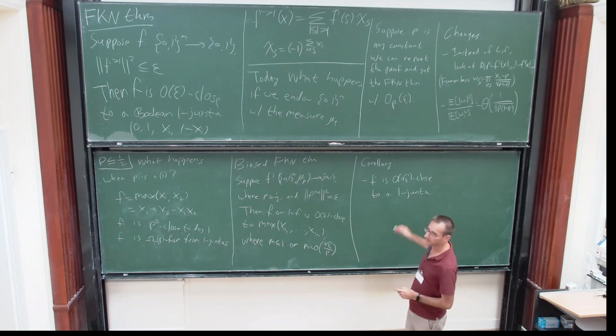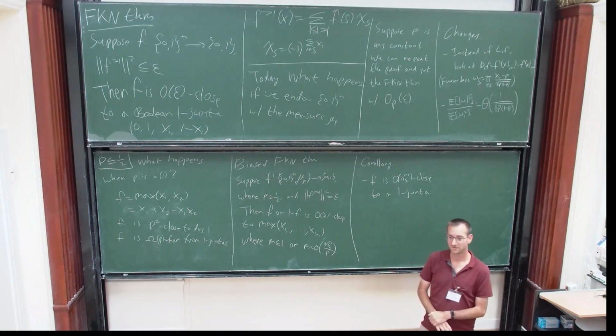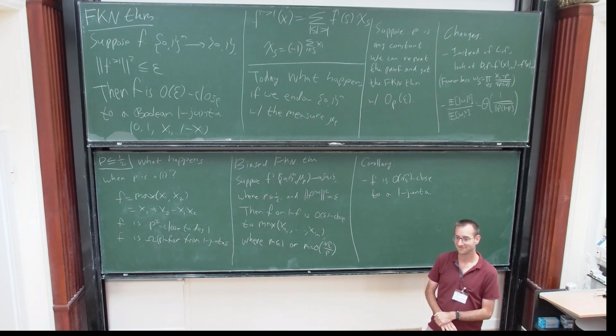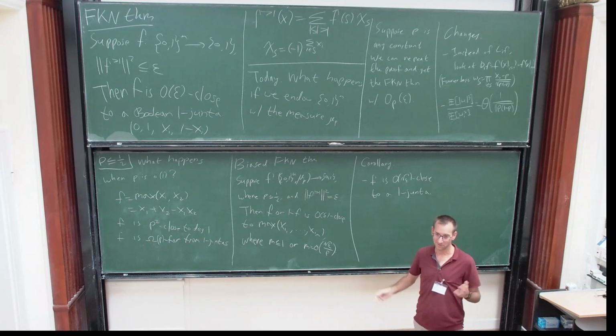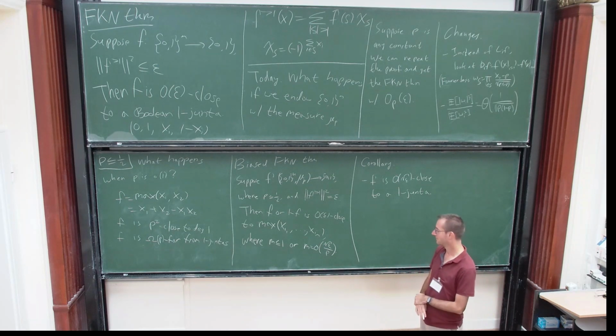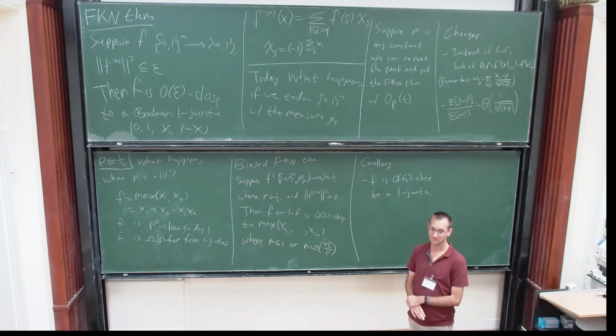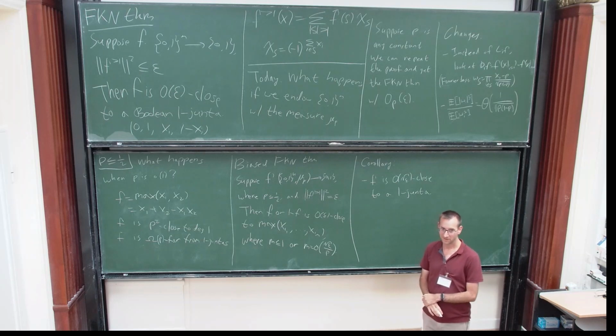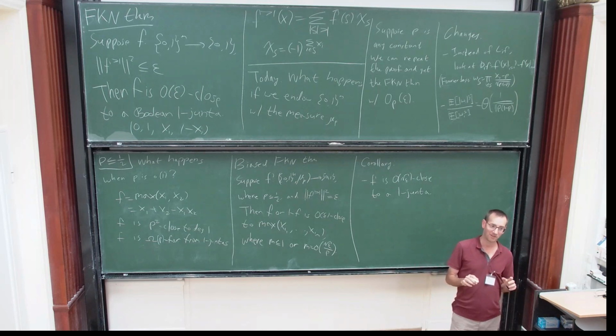First of all, I don't understand why there are separate cases. You can take just a maximum if you want. Okay, so if you don't care so much about powers of epsilon, you're willing to lose the power of epsilon, then you can recover the FKN theorem. It's still correct.